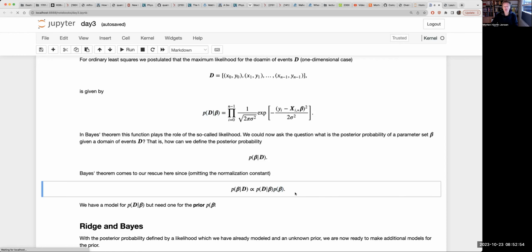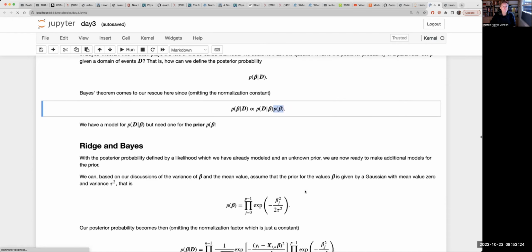So that means that we can now make a model for the parameter beta. So we already have a model for the likelihood if we use Bayes' theorem, but then we need to make an ansatz for the parameters beta. And by choosing specific probabilities, in the standard ordinary least squares, we assume that the betas are given by a uniform distribution. So that means that every beta is equally likely.